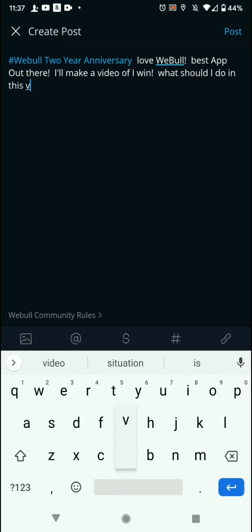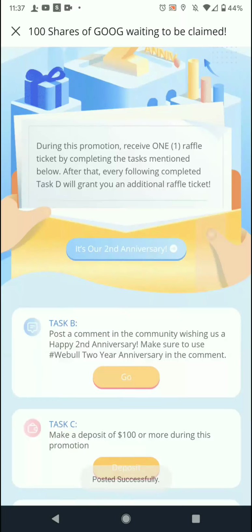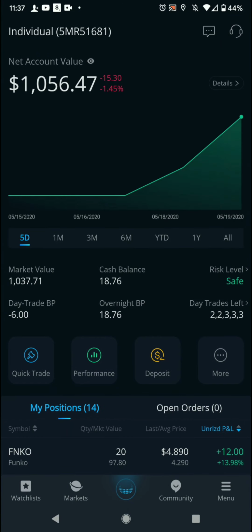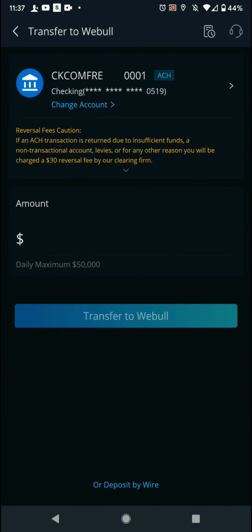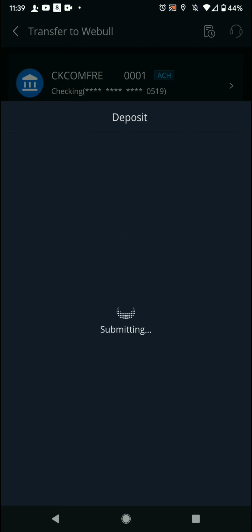Who cares about spelling? I see my error. So with a share on social media, a comment on the WeBull community board, and a deposit of $100, I've completed 3 out of the 4 tasks. There's my deposit.